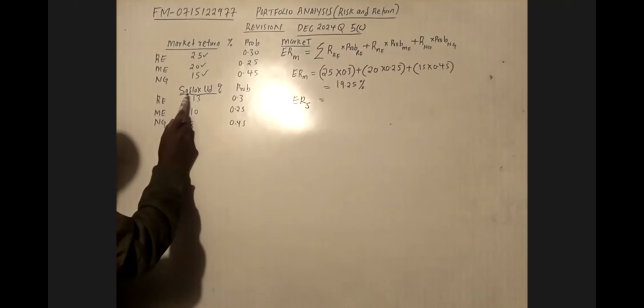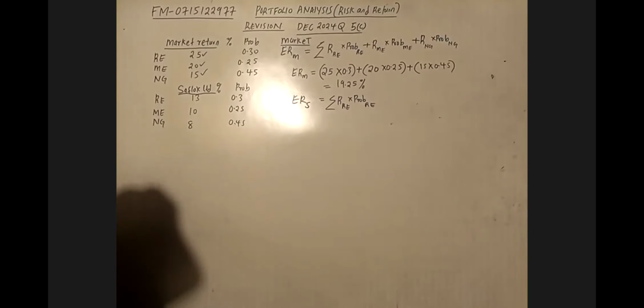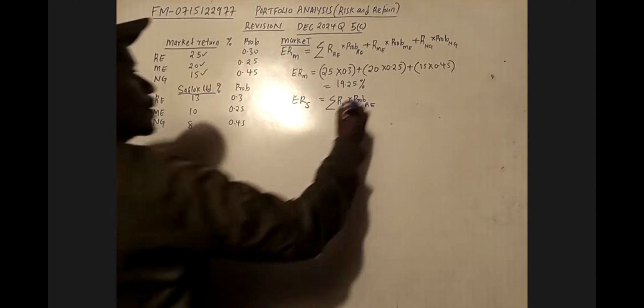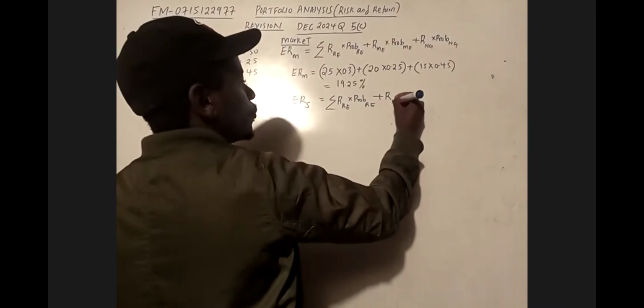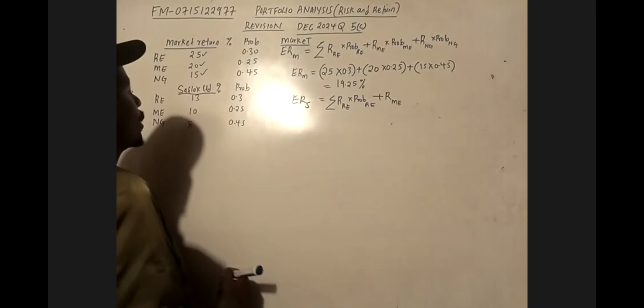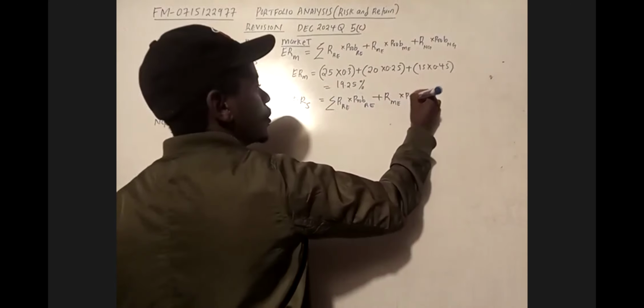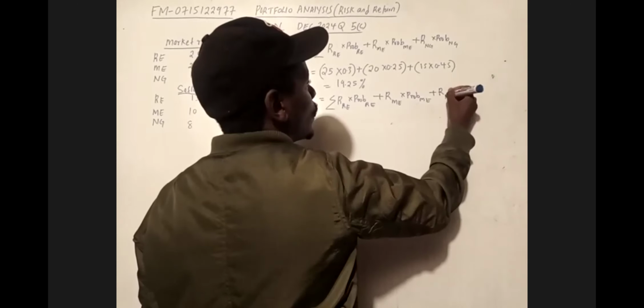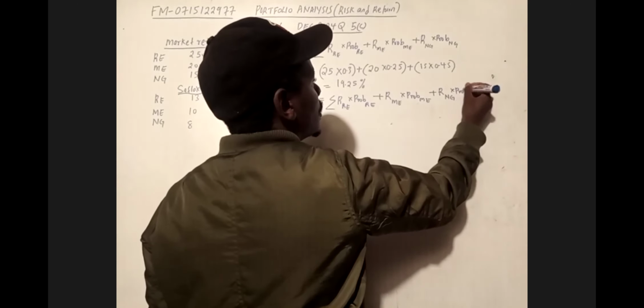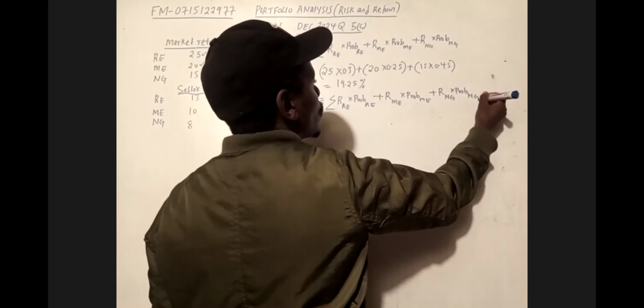So it will be equal to the same R of the rapid expansion times the probability of the rapid expansion, plus the return of moderate expansion multiplied with the probability of the moderate expansion, then the return of no growth multiplied with the probability of no growth.